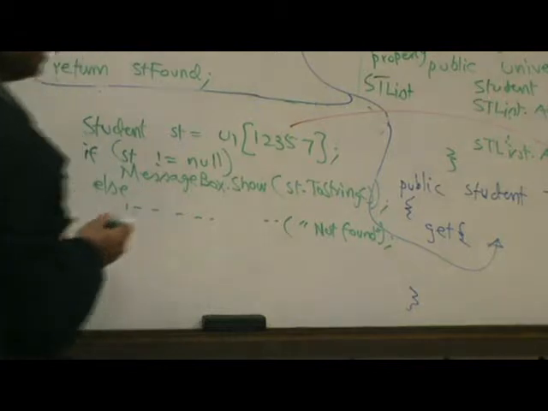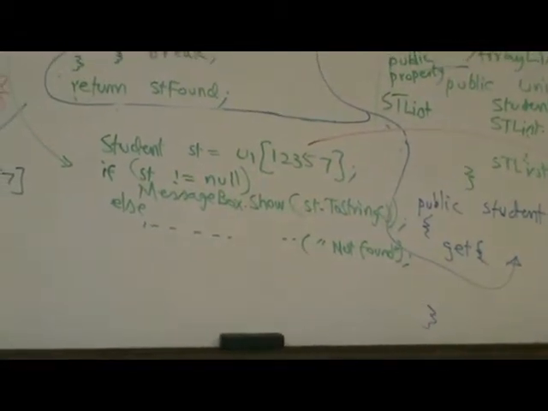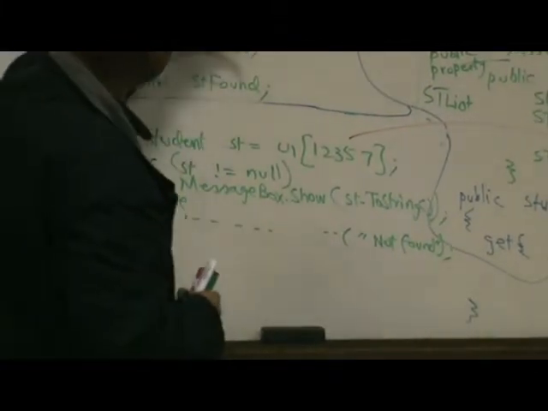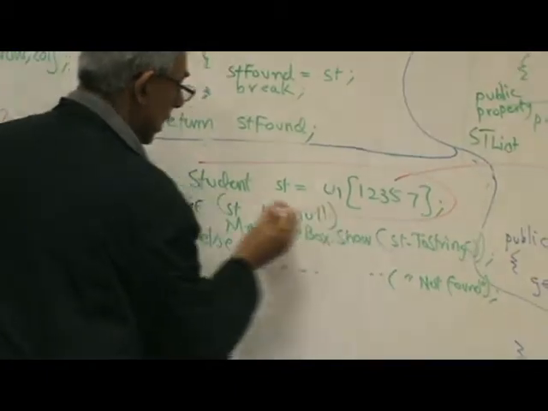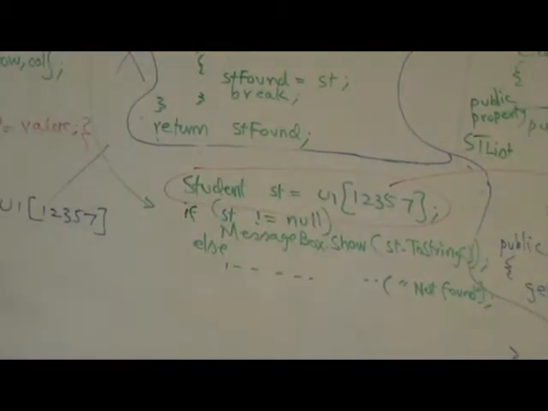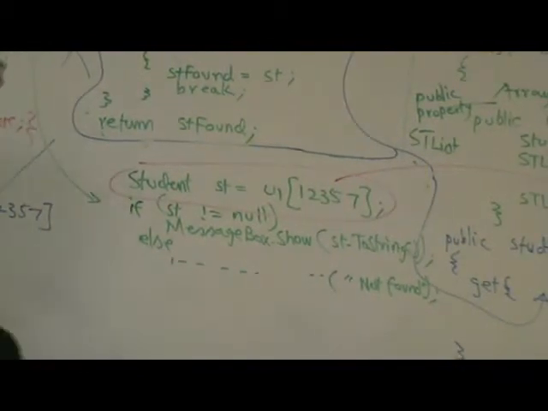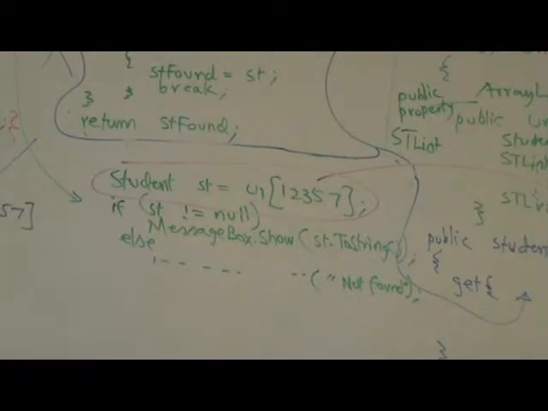Okay, so in this example, the indexers made our life easy in the sense that even though we are still doing the same searching code, the caller only worries about this part, okay? So the caller's life becomes extremely easy.